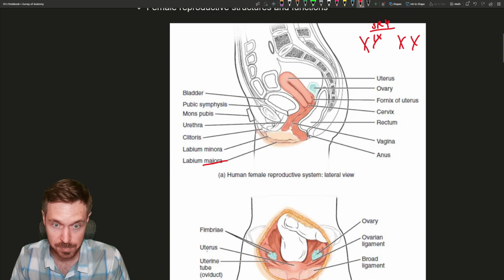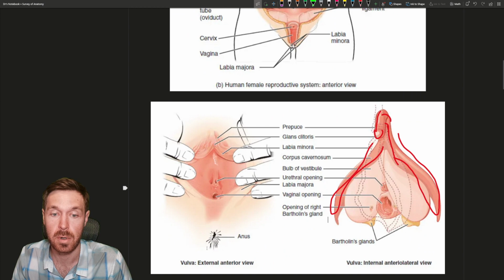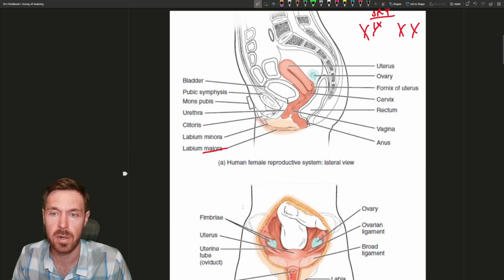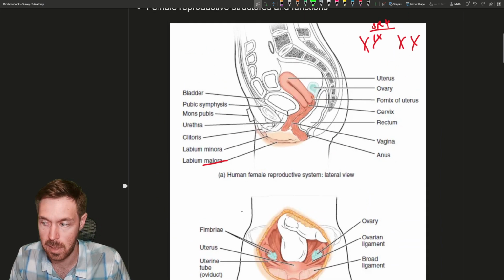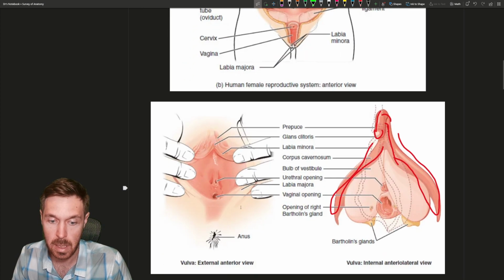But overall here, labia majora and labia minora are the two layers of flaps around the vagina. So the vagina itself, it's kind of a misnomer. The vagina is referring to the canal itself. And then here, the entire structure, which is commonly referred to as the vagina, is actually the vulva.